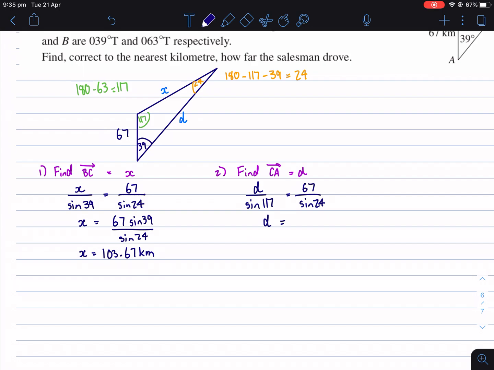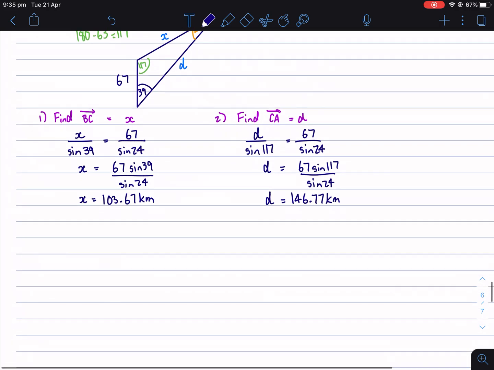So D equals 67 sine 117 over sine 24. So D equals 146.77 kilometres.